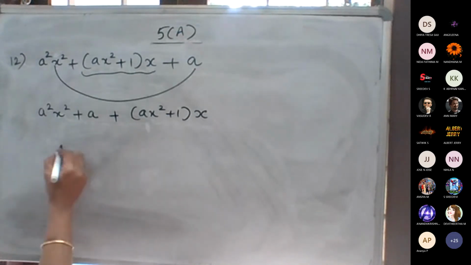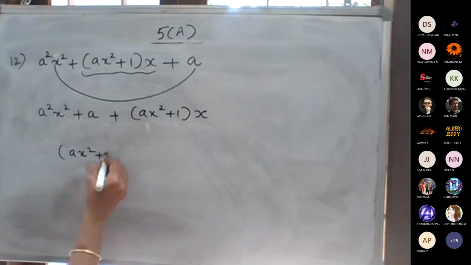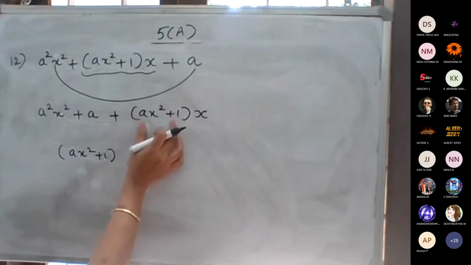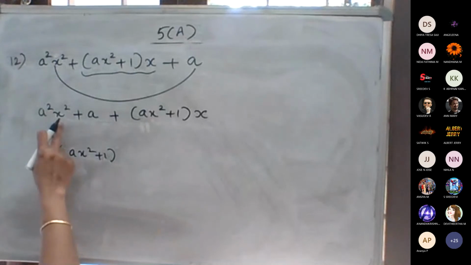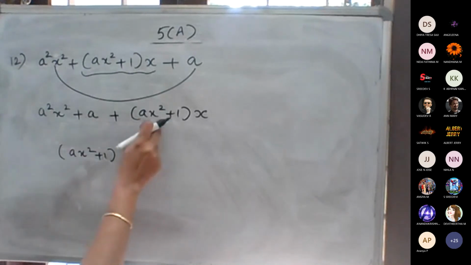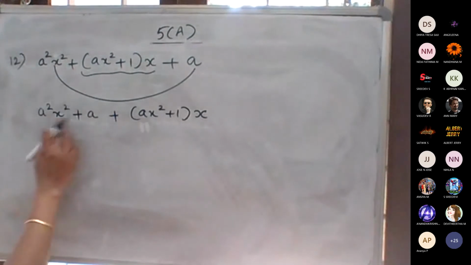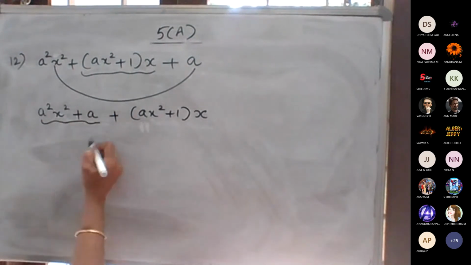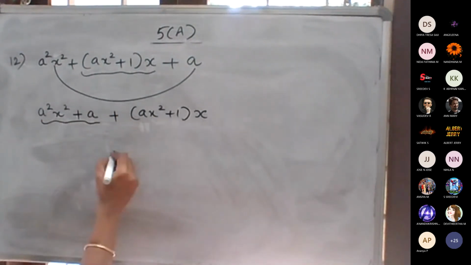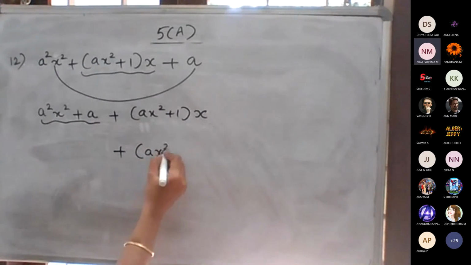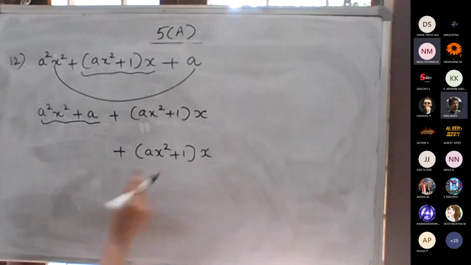In the next step, if we take a x square plus 1 as common, then it will be easy, no? So make this a x square plus a in terms of a x square plus 1. Can we?